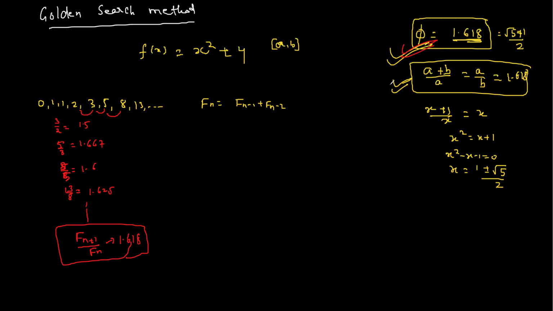See, now I write the algorithm. Again, golden search method is used only when this is a unimodal function, right?